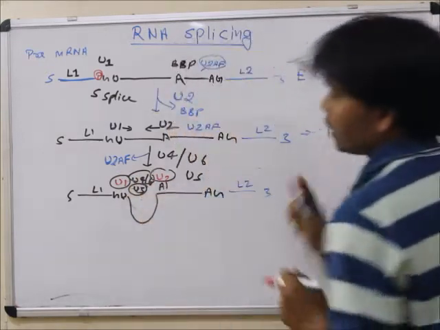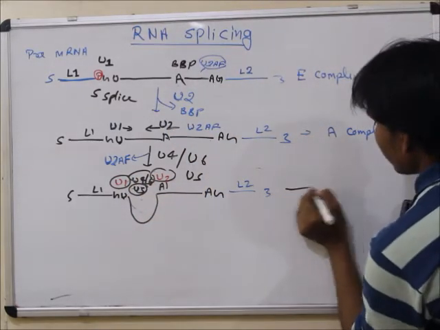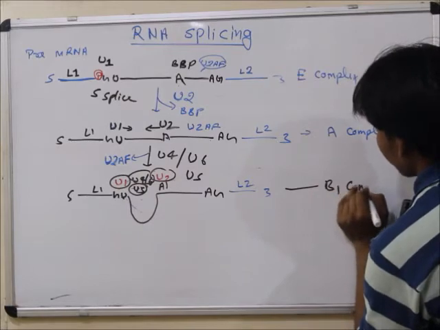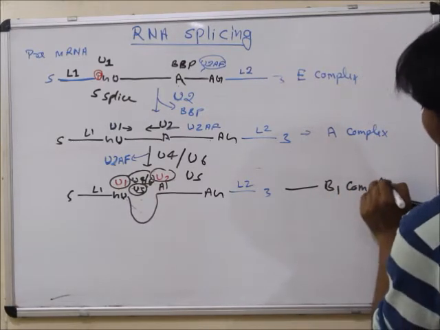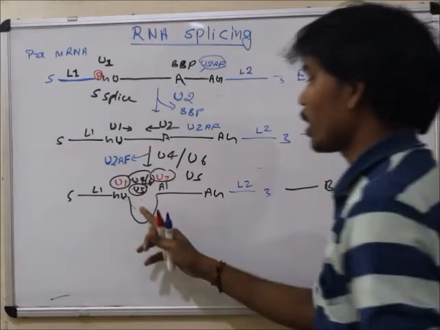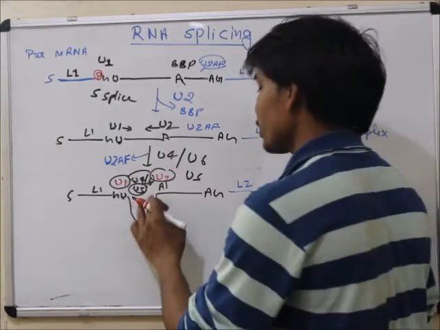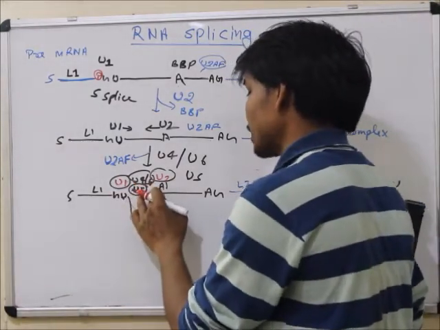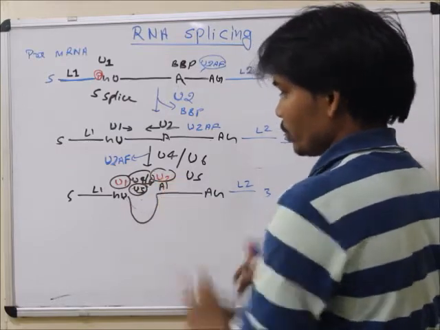Okay, these are complexes, and that is called the B1 complex. What is the combination of the B1 complex? U1, U5, U4, U6 and U2.